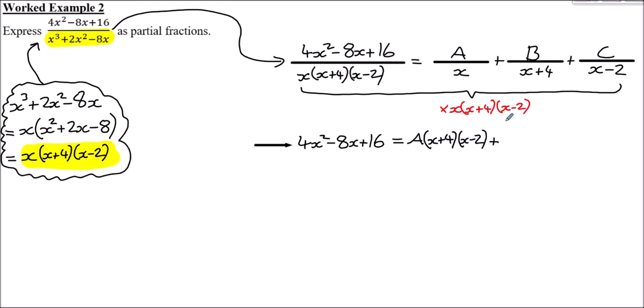In a similar way with the b term, b over x plus 4 multiplied by x plus 4, the x plus 4 bracket will cancel, leaving us just with b times x minus 2. And then the c bracket, divided by x minus 2 times by x minus 2, those two will cancel. So I'm just going to have c times x multiplied by x plus 4.